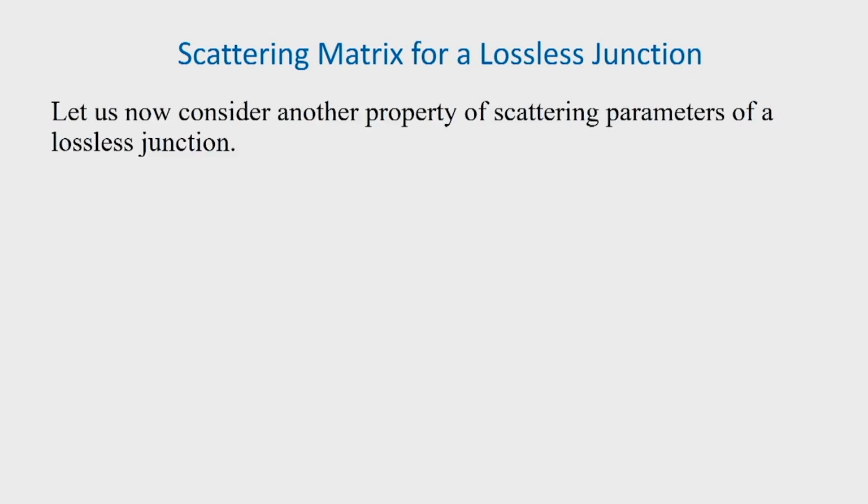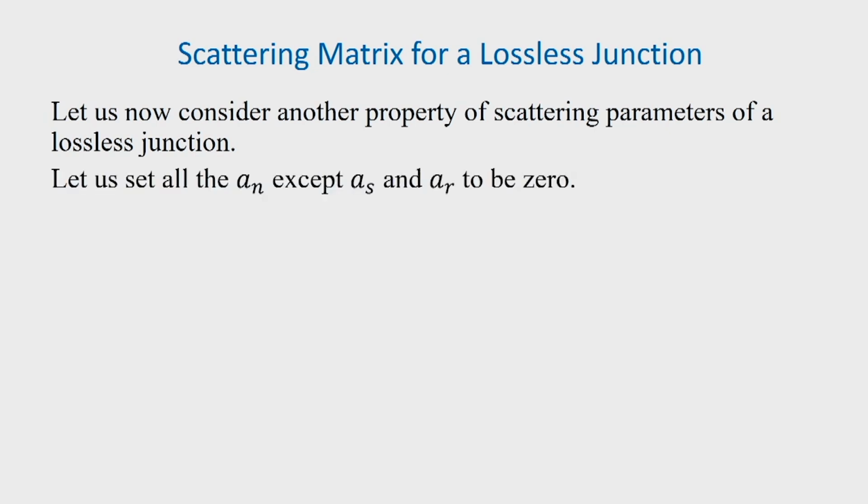So, this relationship will hold for any column of the S matrix. Now, let us consider another property of the scattering parameters of a lossless junction. In this case, we consider A S and A R to be non-zero and all other A n's are 0.